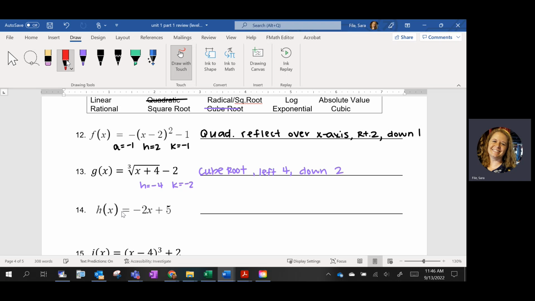Okay, what type of function is 14? Yeah, that's linear. Nothing special. So that's a linear function. The a value is negative 2 and your k is 5. So it's reflected over the x because of the negative.